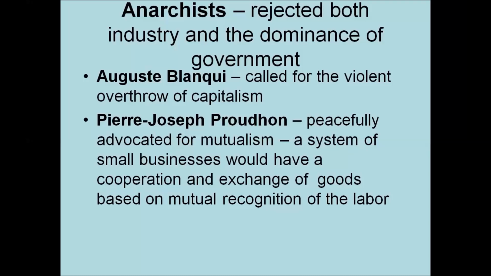And then you've got Proudhon, who advocated for peaceful working together of small businesses and people where they would cooperate and exchange goods based on mutual understanding of, hey, your labor is valuable and I do something valuable too, so let's just share. Instead of having a government tell us to do these things. So again, kind of anarchists getting away from government control.